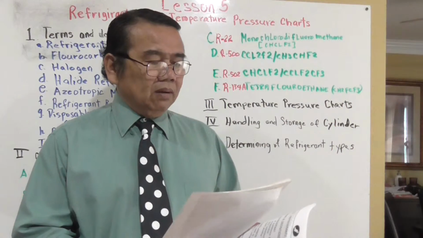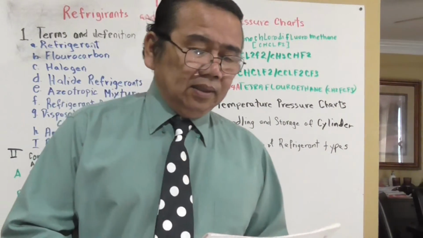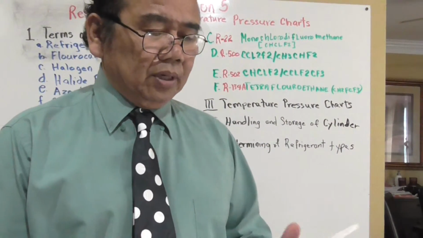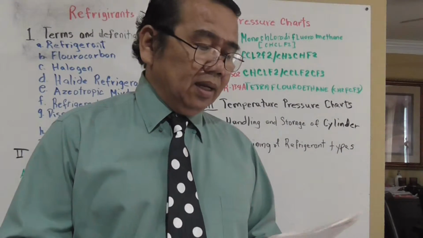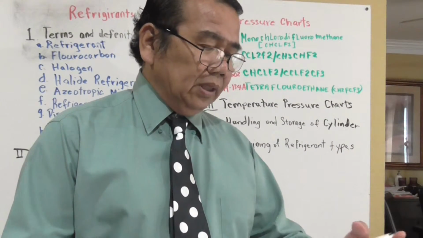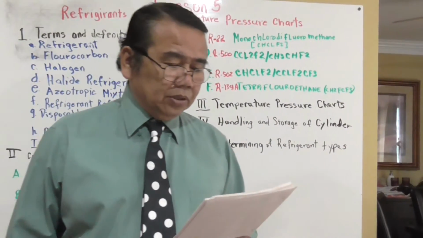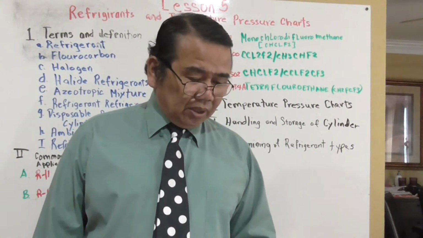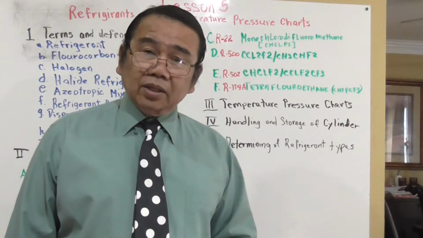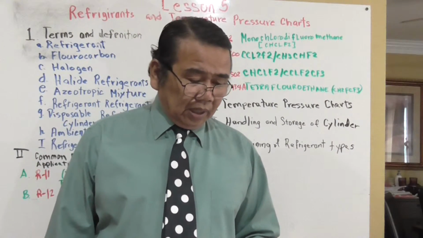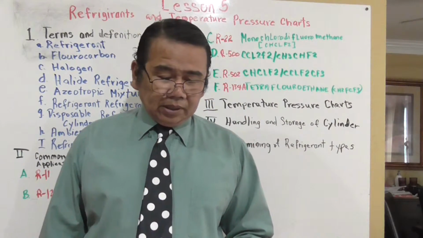Now we're going to talk about handling and storage of refrigerant. Just like I read before, it's the refrigerant cylinder. There are three types of refrigerant cylinder: a storage cylinder, a returnable service cylinder, and a disposable cylinder.